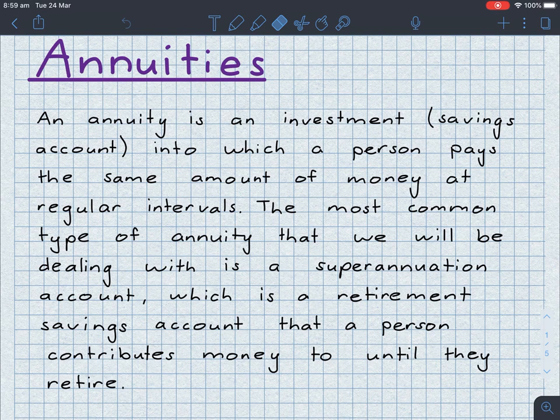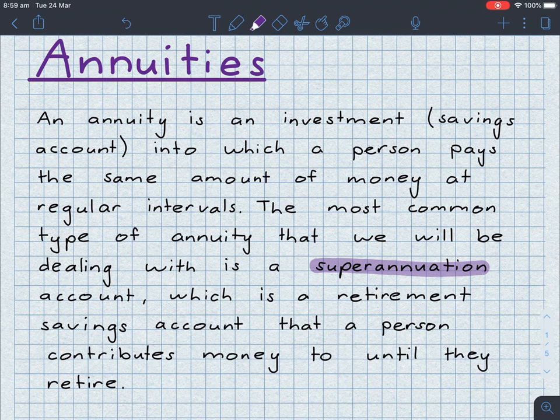So we're mostly going to be looking at superannuation accounts, which is a retirement savings account that a percentage of your salary is paid into by your employer. So it's state or federal law now that everyone has a superannuation account and your employer pays money into that automatically.